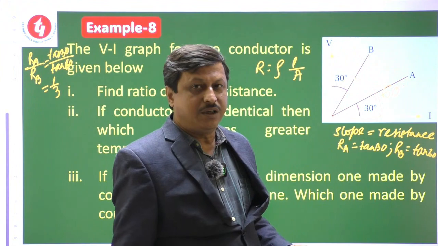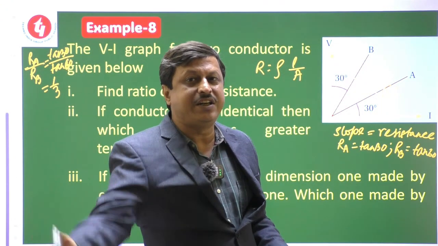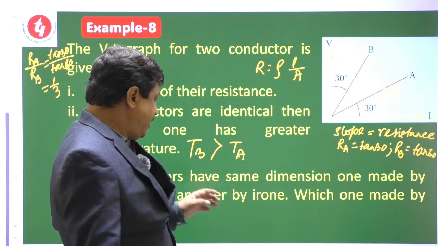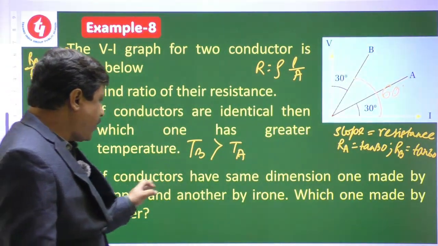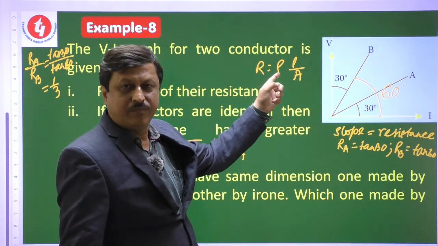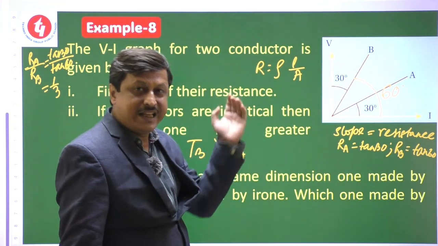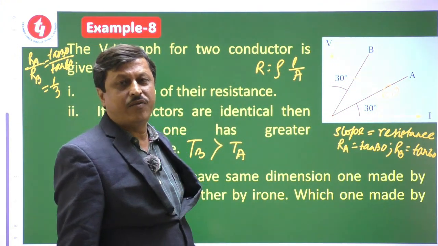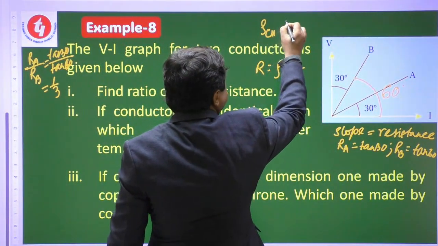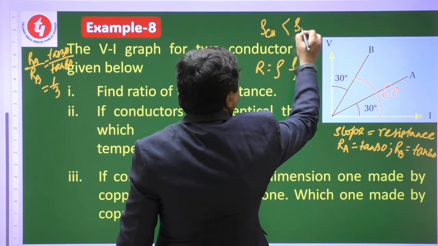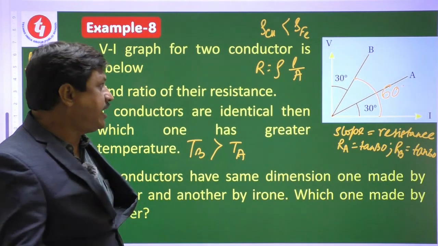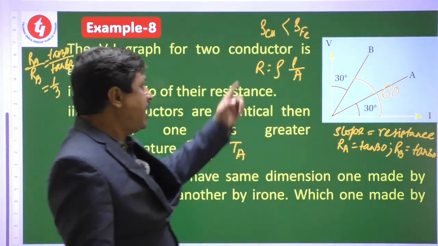You know that if material differs, then resistivity also differs. Resistivity of copper is obviously less than the resistivity of iron, because the number of free electrons in copper is larger than the number of free electrons present in iron.